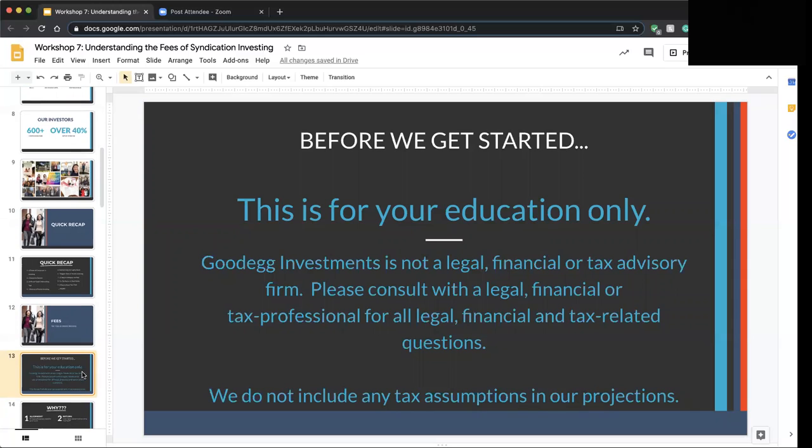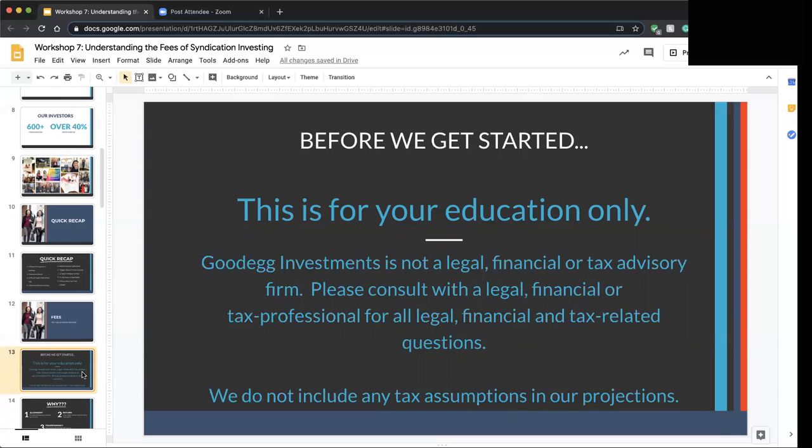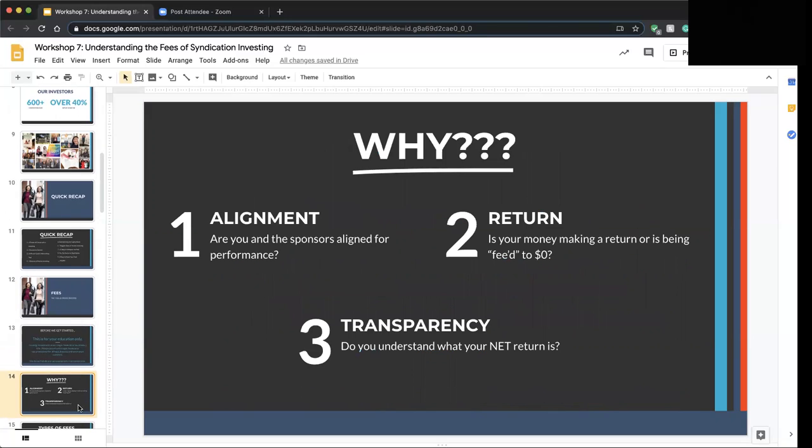All right, let's take a big breath and then let's pivot. Why are fees actually included in a deal? Why are we having this conversation? What do the different fees actually indicate to us on the deal? Well, one, we're looking for alignment.